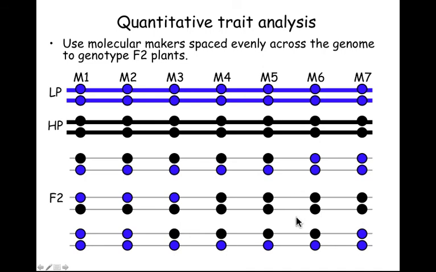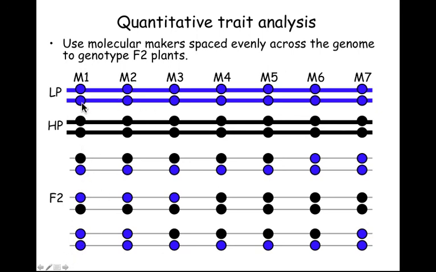So if you see a particular position where all of the individuals which have high pulp content in the F2 also have these black polymorphisms, so the polymorphisms that came from the high pulp content parent, then that could tell you that that's a region which is associated with high pulp content, that there's a gene involved in there that you've detected.